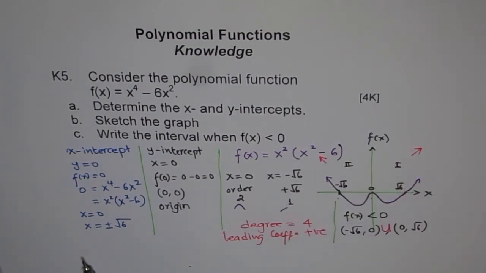And it has even symmetry also. That means you can find that f of minus x equals f of x, correct? So these could be part D and E for the same question, okay? I hope you understand this basic polynomial function and its characteristics.